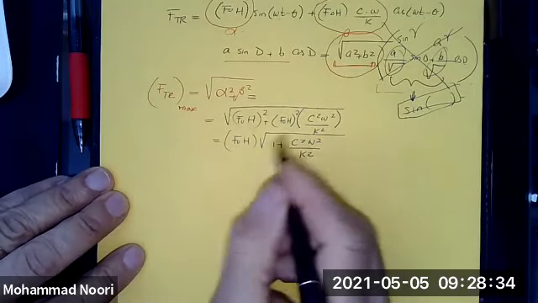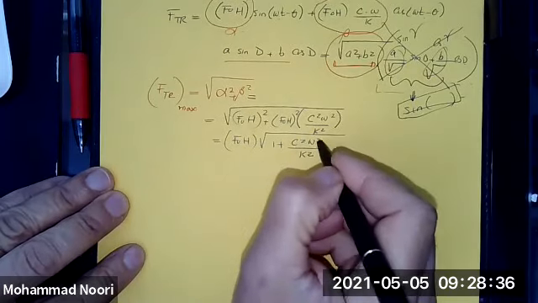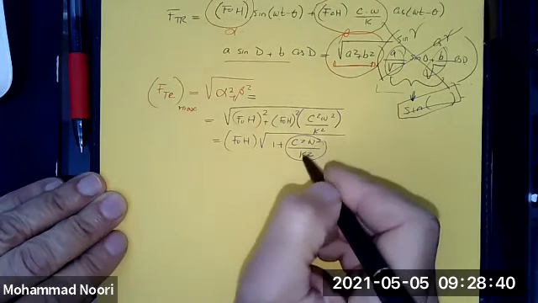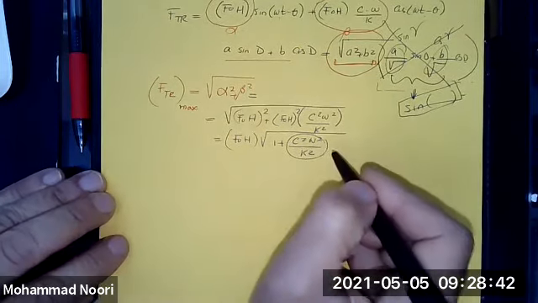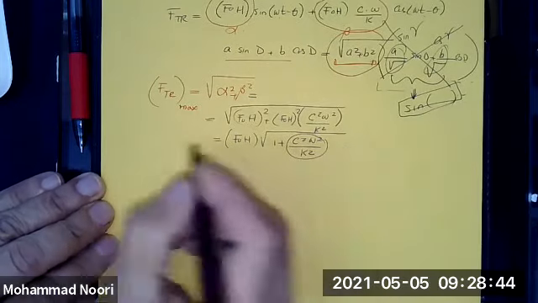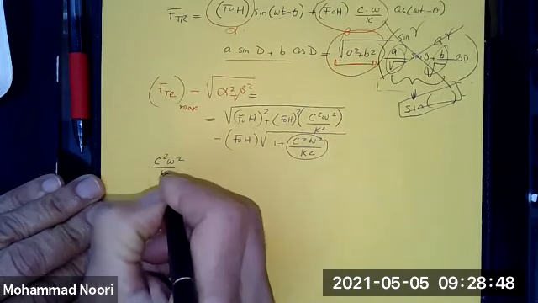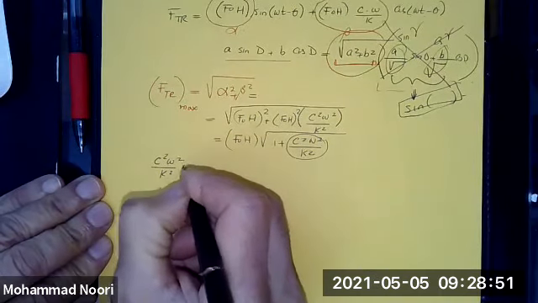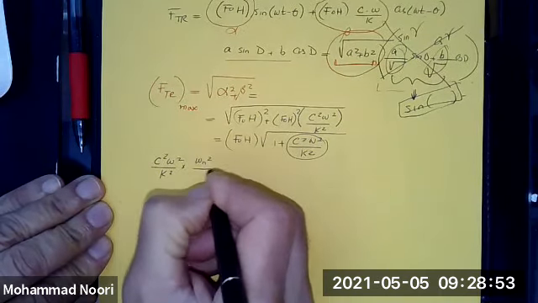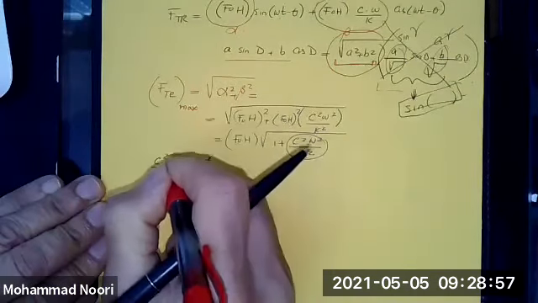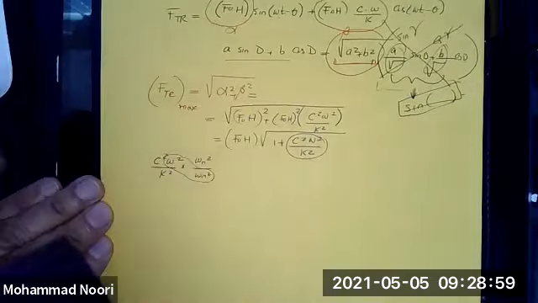Now, I don't like this. First, let me look at how I can replace this with another expression. I will write C squared omega squared over K squared, multiply by omega n squared divided by omega n squared, and then separate these.